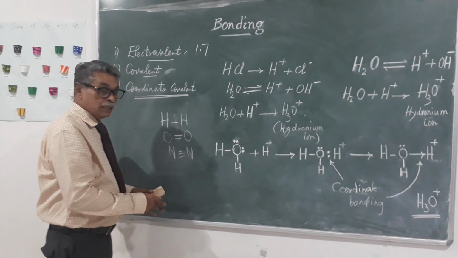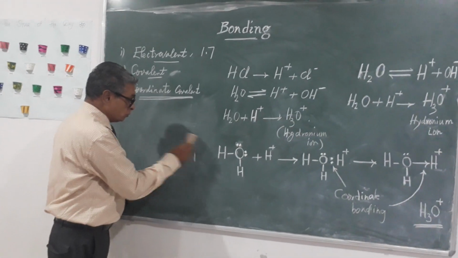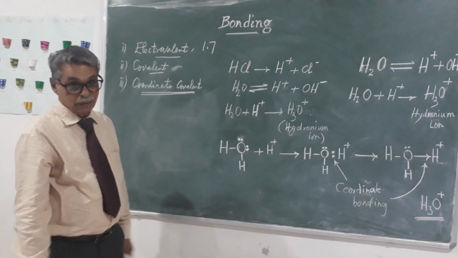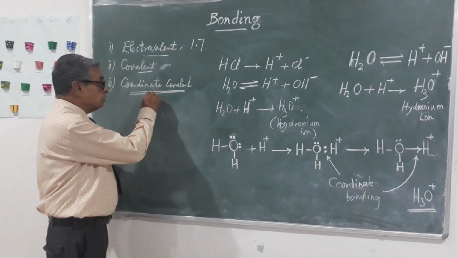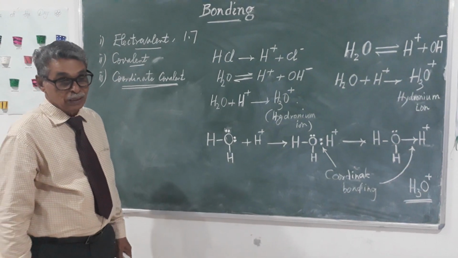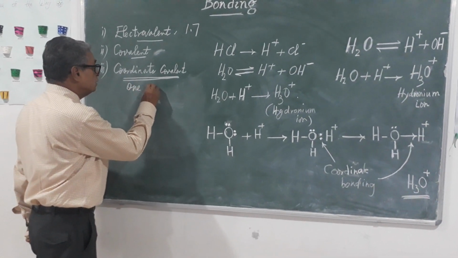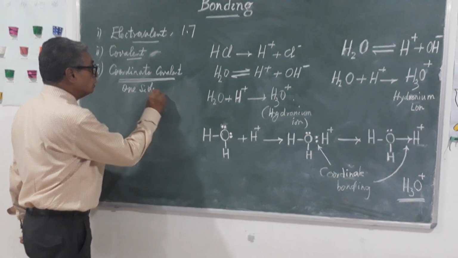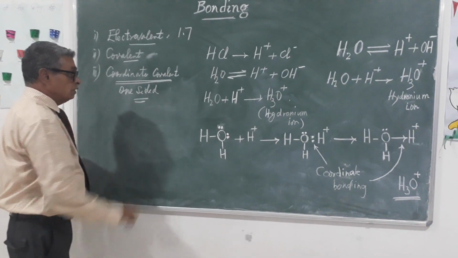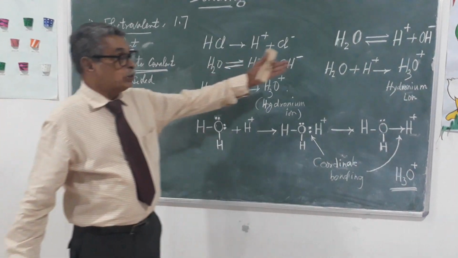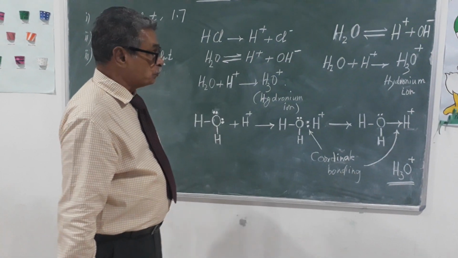So in all these cases they share electrons. But in coordinate covalent compounds, the sharing is one-sided. That's what I am going to explain. All this I have drawn here to explain it to you.